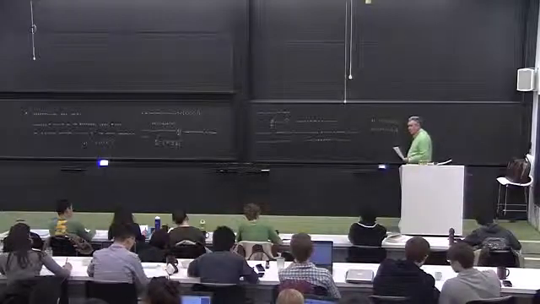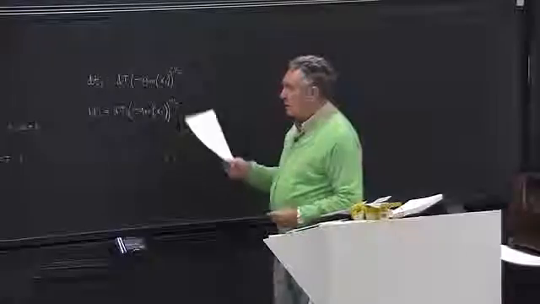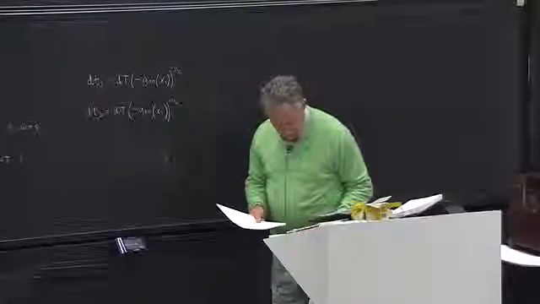So if the gravitational field changes from x1 to x2, the rate at which clocks are slowing down will change.